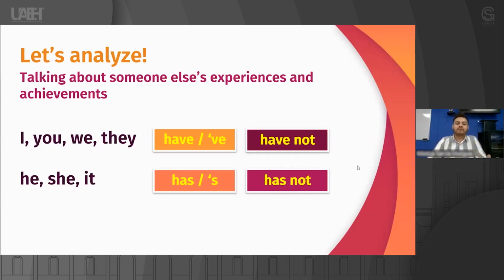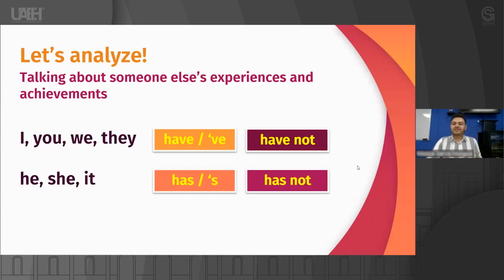So we use the first ones with I, you, we, and they, and we use the last with he, she, and it. That's when we express our experiences and achievements, the things that we've done and the things that we haven't done, but we're looking forward to doing them in the future.